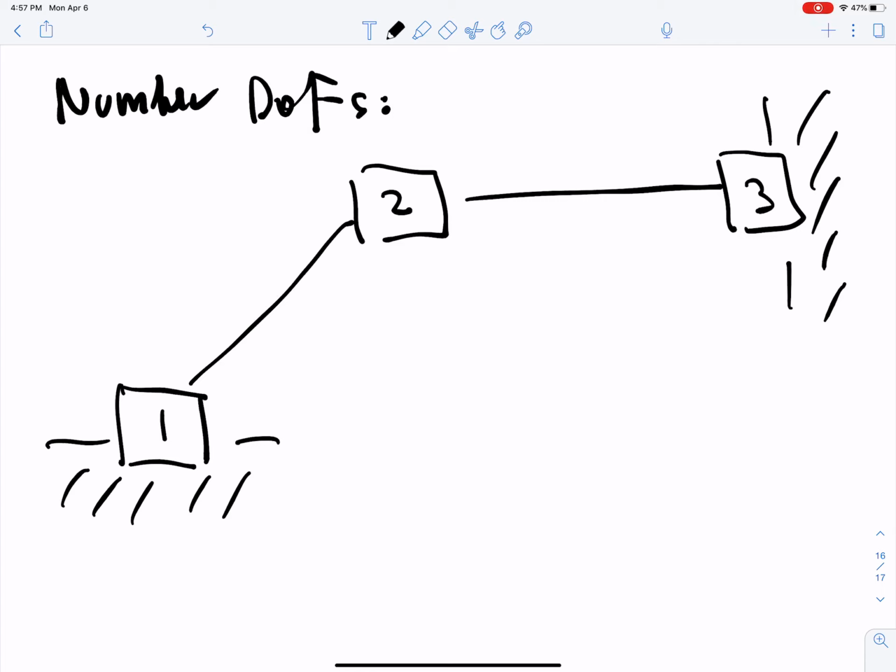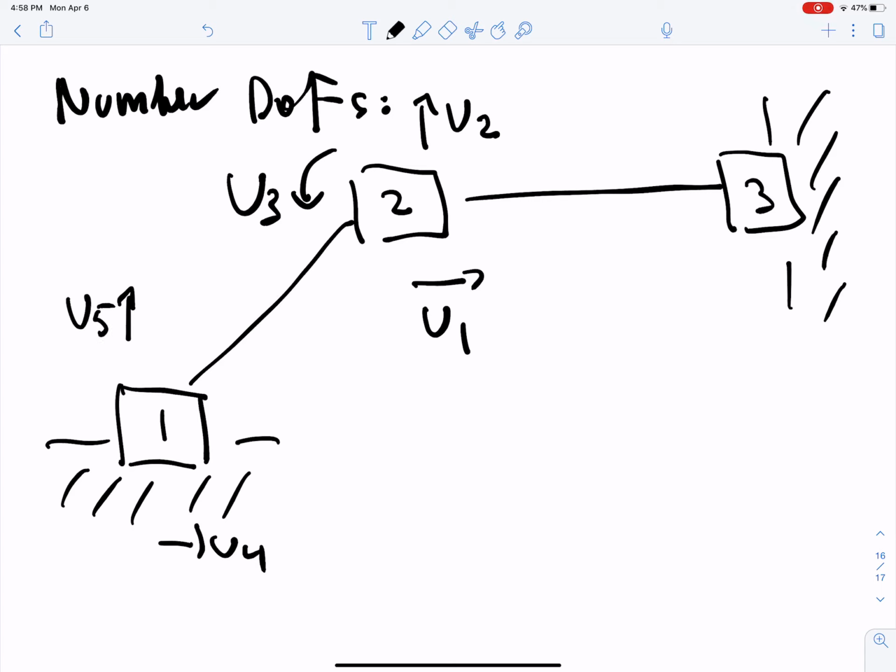Node 2 would have x displacement, y displacement, and u3 will be our rotation here. And then again, no 3 degrees of freedom at node 3. So we'll label the restrained ones, and so this becomes u4, this becomes u5, the rotation here becomes u6, u7, u8, and the corresponding rotation is u9.